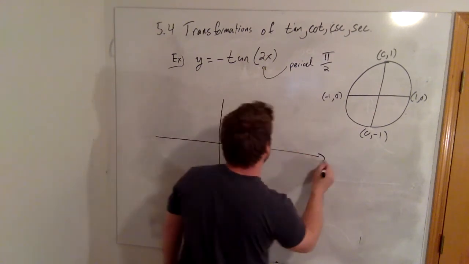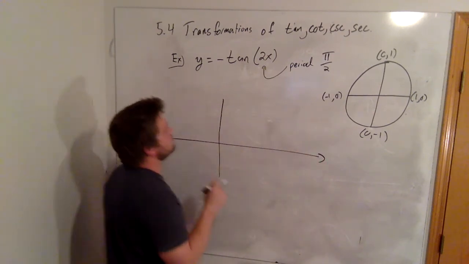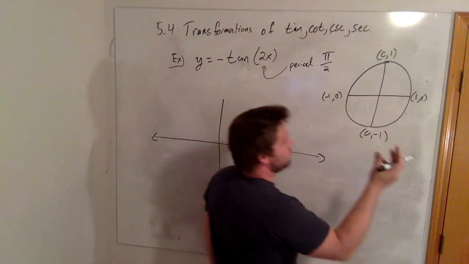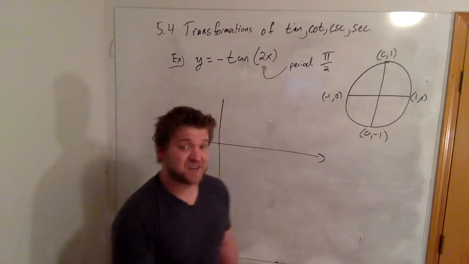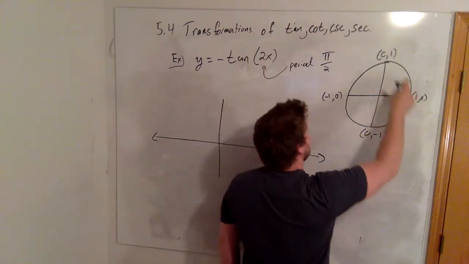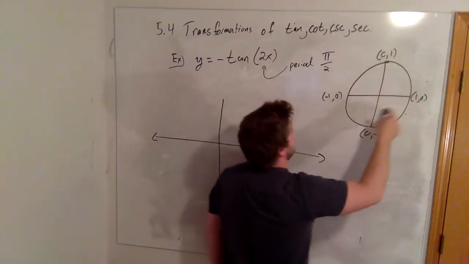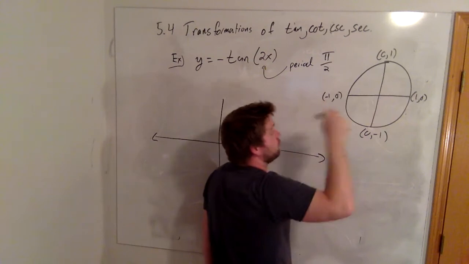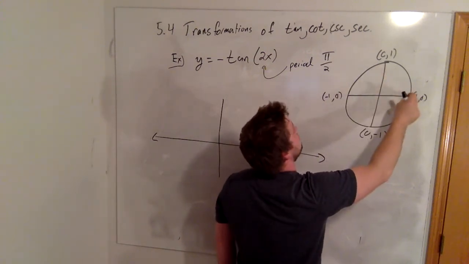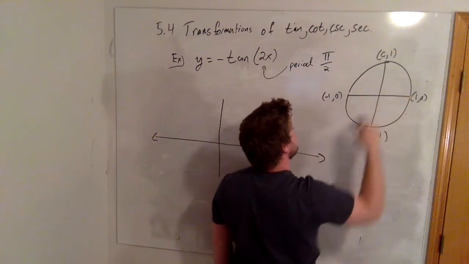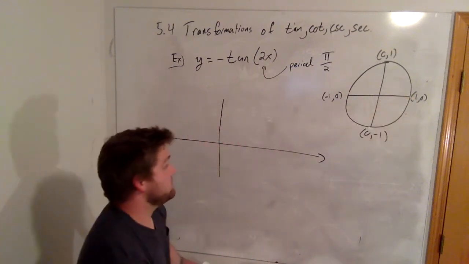On the normal unit circle, when I was graphing sine and cosine, I was thinking about the values on what I call the 4 corners. I get 5 spots because I'm counting this one as 0 and 2 pi, and that's because the period was 2 pi.